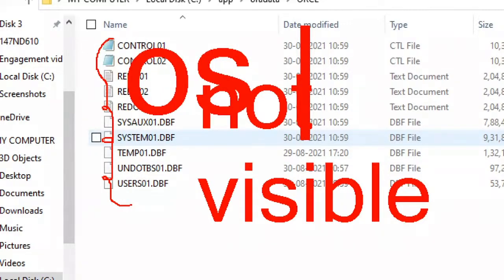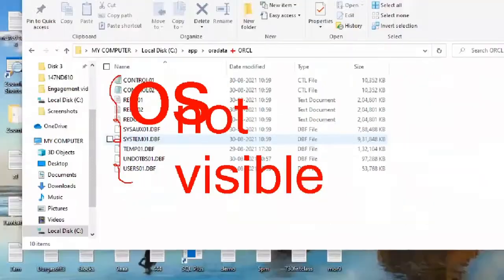Views are not visible in the C drive, D drive, E drive. Indexes, functions, procedures are not visible. They are visible in a database, I agree, but unfortunately not visible in the operating system.